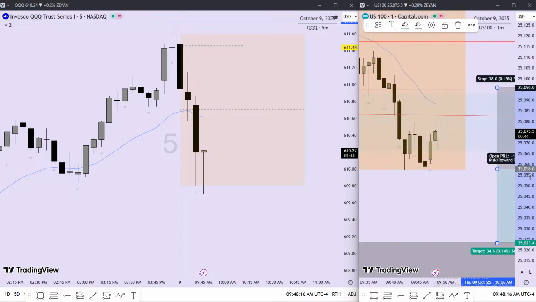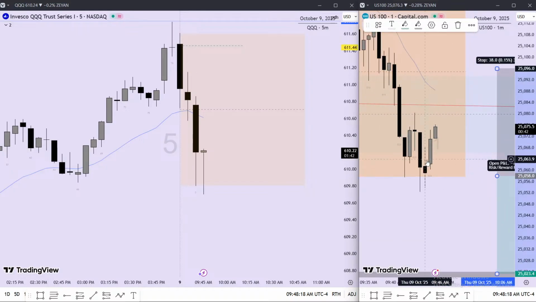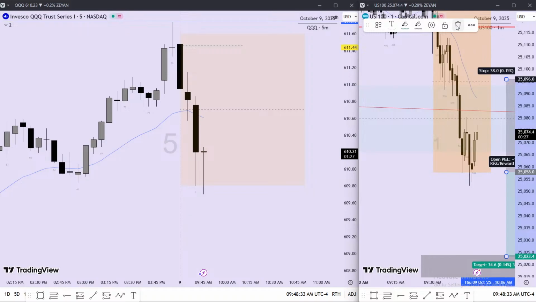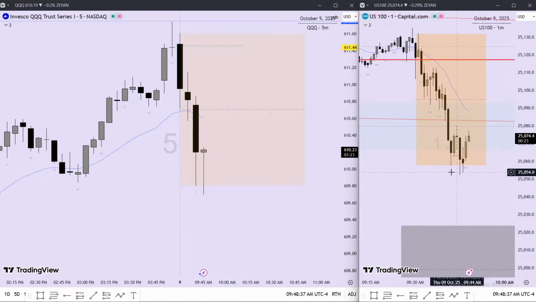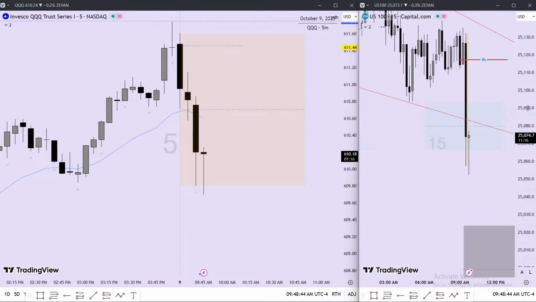Can this be the final flag? If we get two more bullish bars, how is the 15 minutes performing?